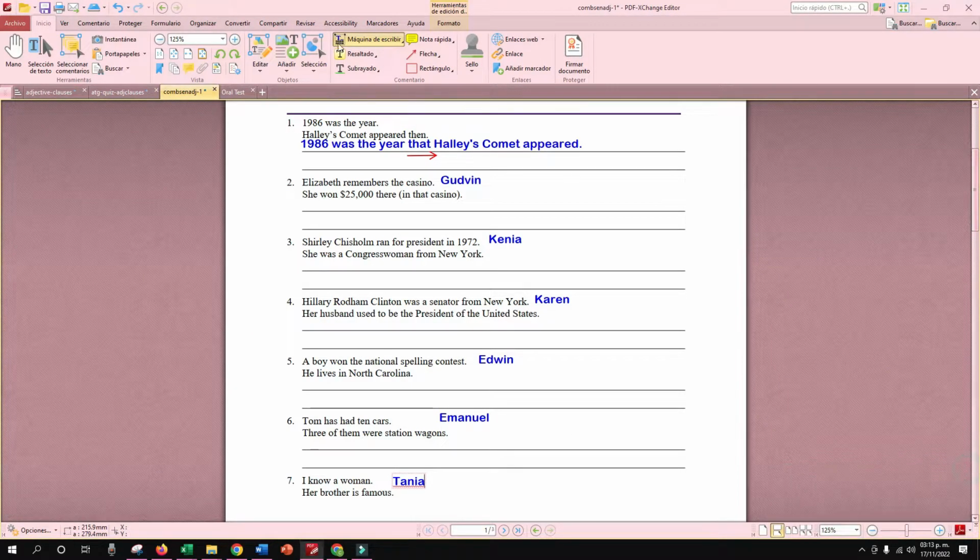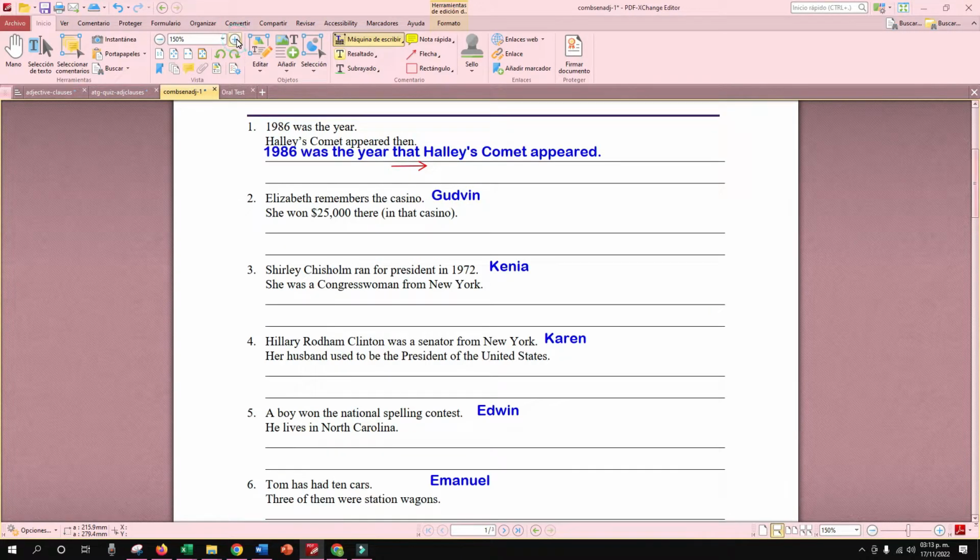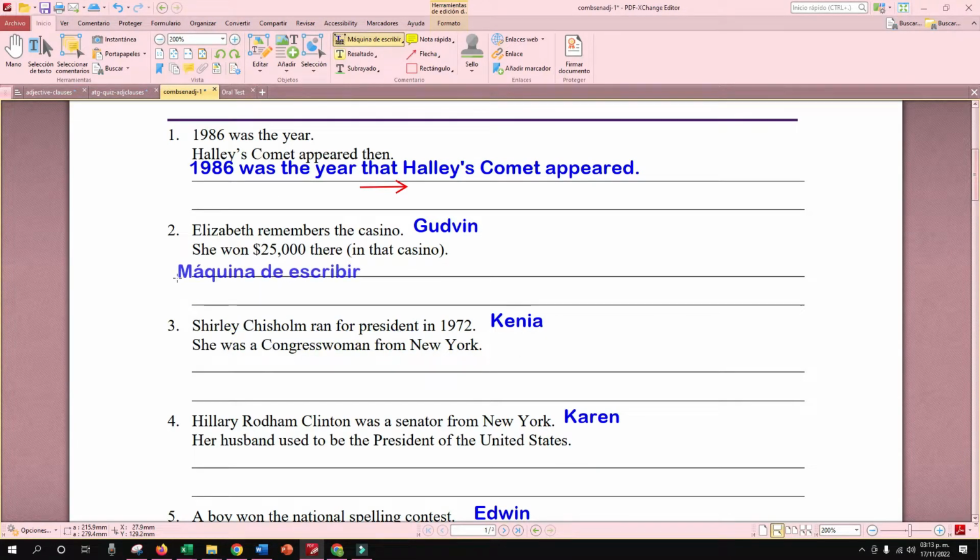So Mr. Goodwin, let's do the number 1. Which could be the answer, Mr. Goodwin? You have 2 options, but let's do one. Elizabeth remembers the casino where she won $25,000. Perfect. Nice.